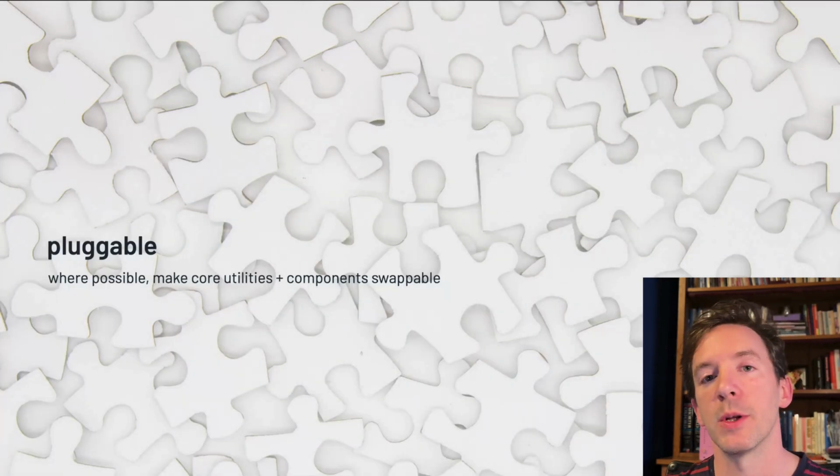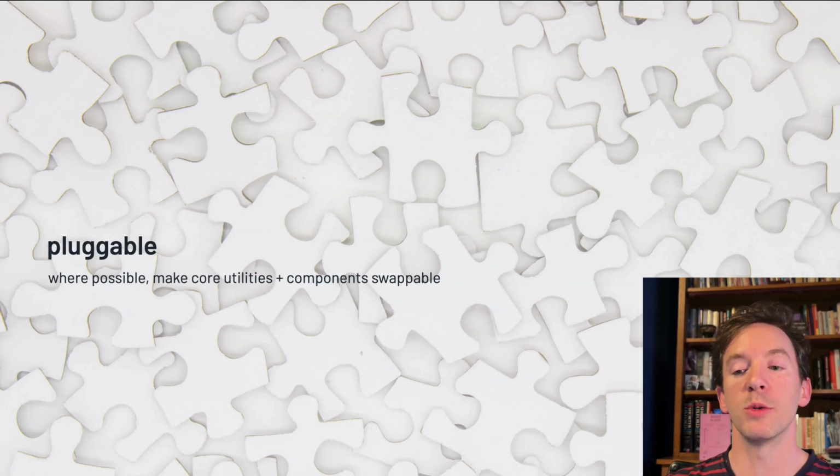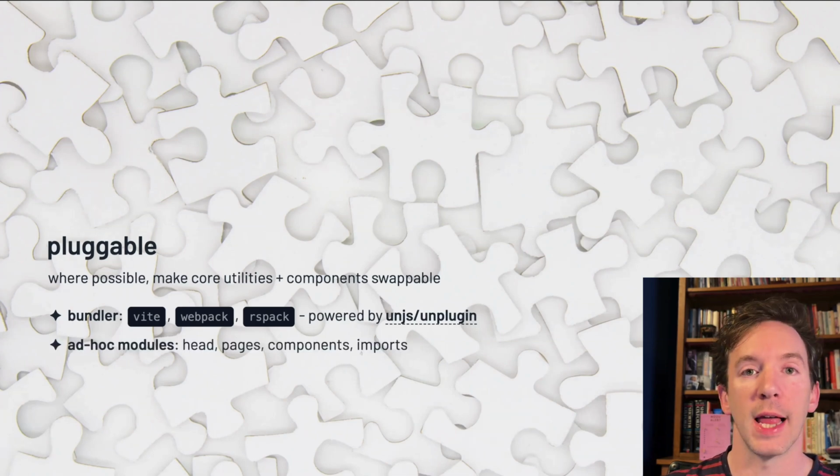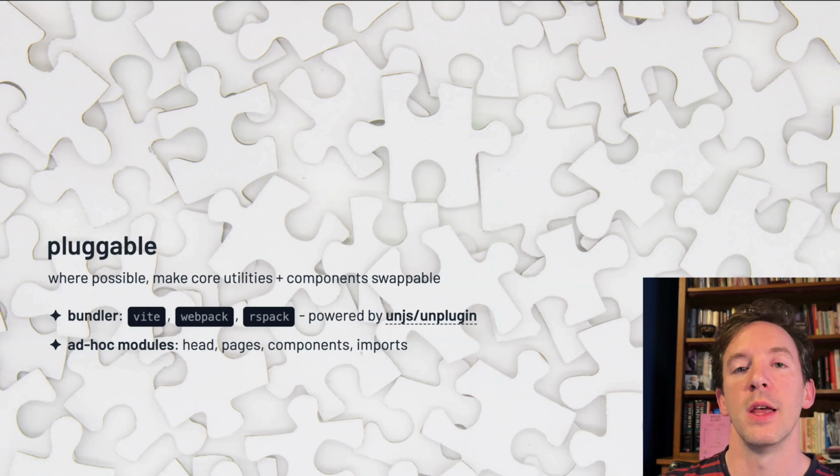We've also sought as much as possible to make our core composables and utilities swappable. So the bundler, whether you use Vite, Webpack, or RSPack, is a choice that's up to you. It's not dictated by Nuxt. Modules like the SEO tag module, or head module, the pages module, which integrates Vue router, the component auto imports module, or the utility function auto imports module, those are all hot swappable and configurable.